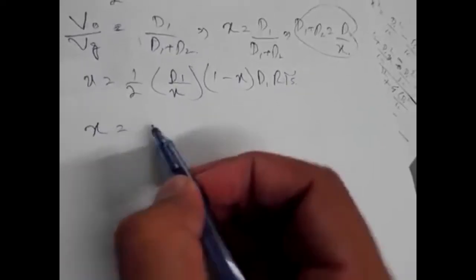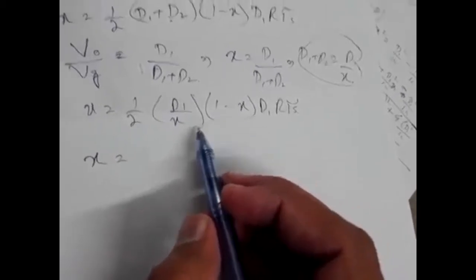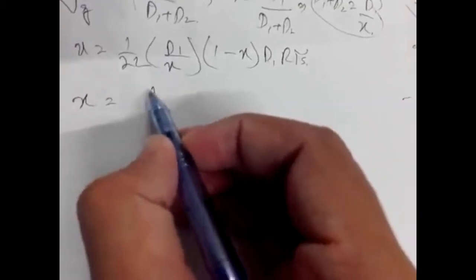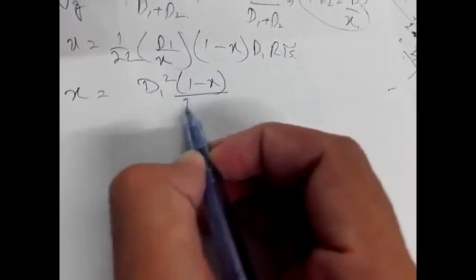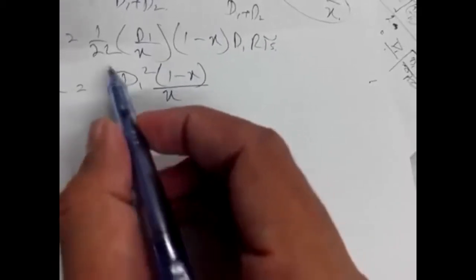So it becomes equal to d1 square into (1 minus X) divided by X, into 2L by R Ts.